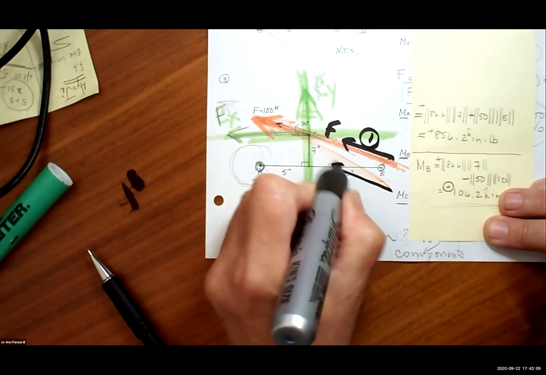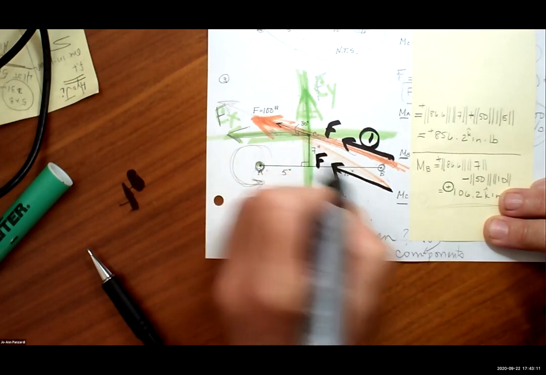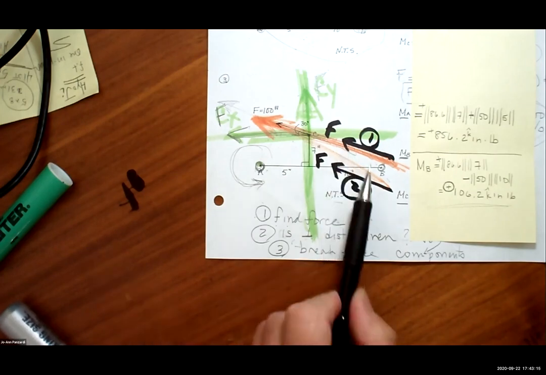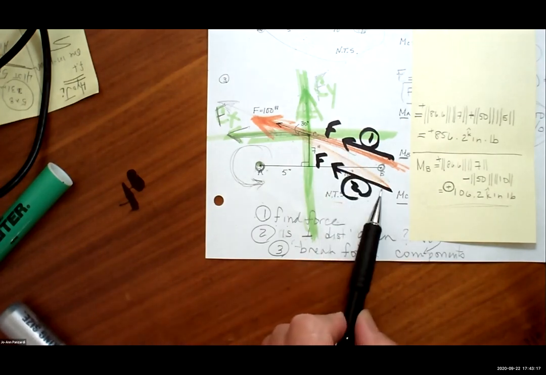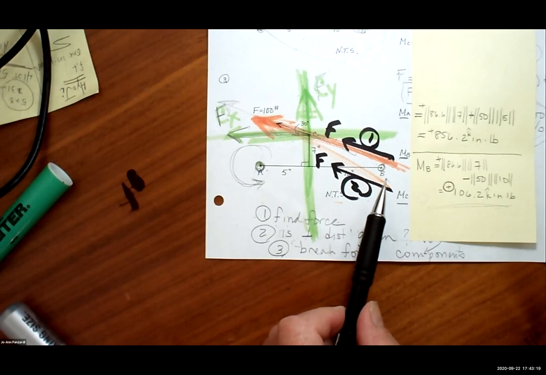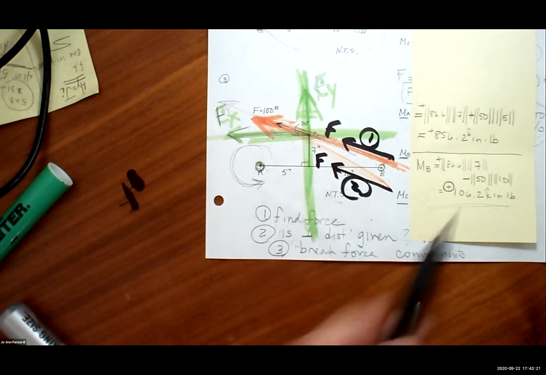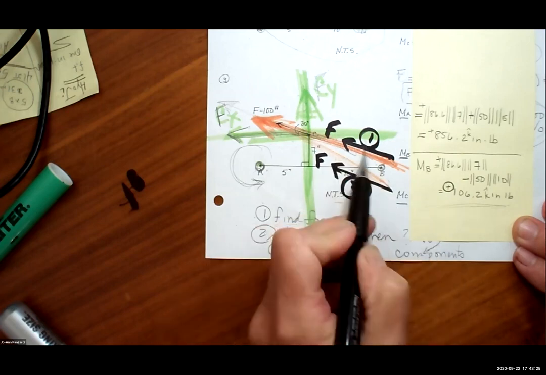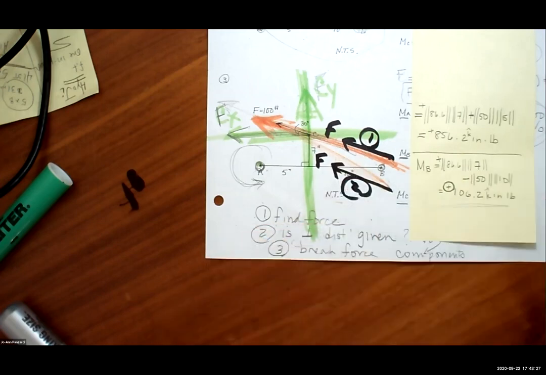Don't answer out loud. Think about it. Where is this force? Is it above B or below B? In order to get a positive moment about point B, is this force above or below?